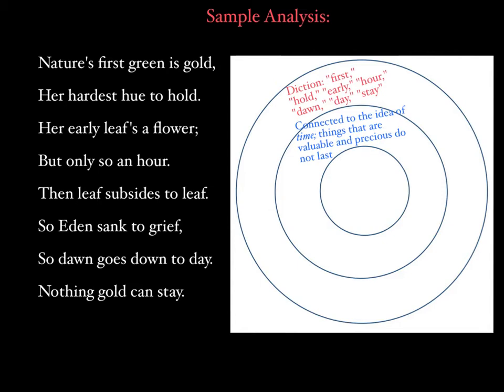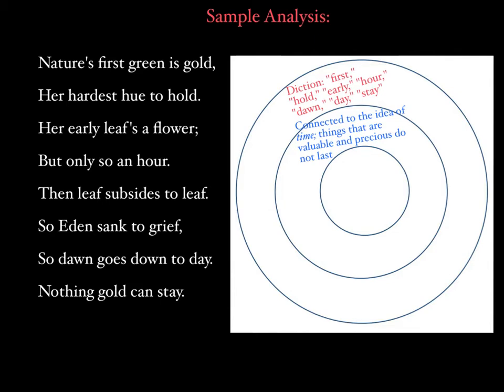So now we need to see how we can take this one level deeper or one step further to gather some final meaning about the poem. As we move into the center circle of the diagram, we need to come to some deeper abstract meaning about the poem. In this case, we have already come very close to a theme for this poem.